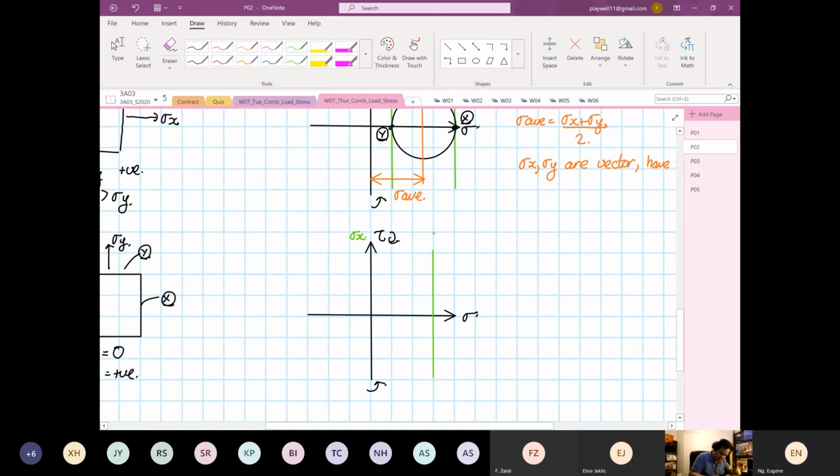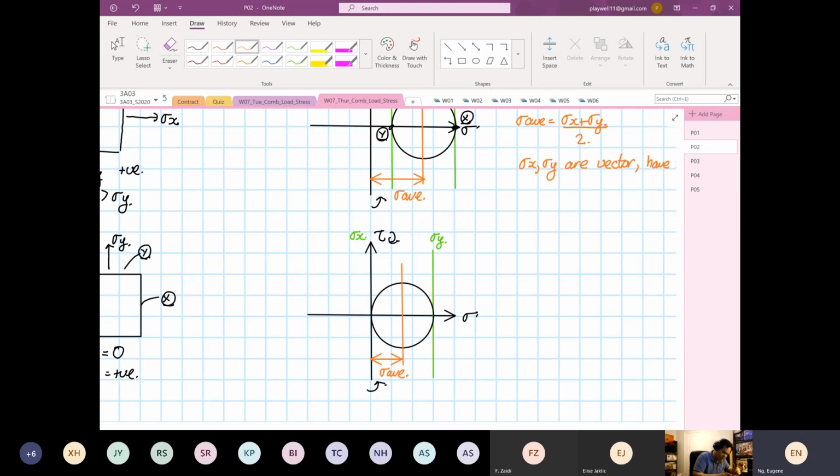So when you construct your Mohr circle, it looks like this. So from here, if you were to look at our stress average line, which is the center of the circle, the distance from here to here is our stress average.